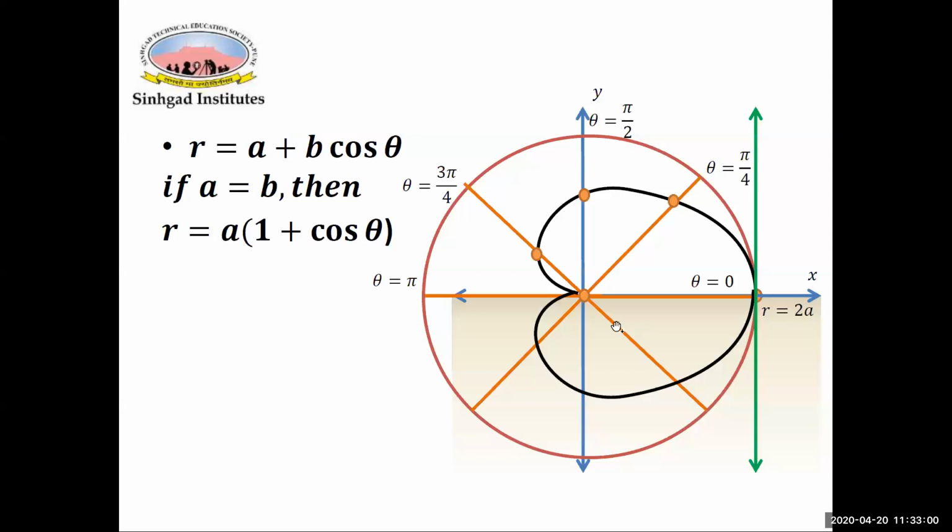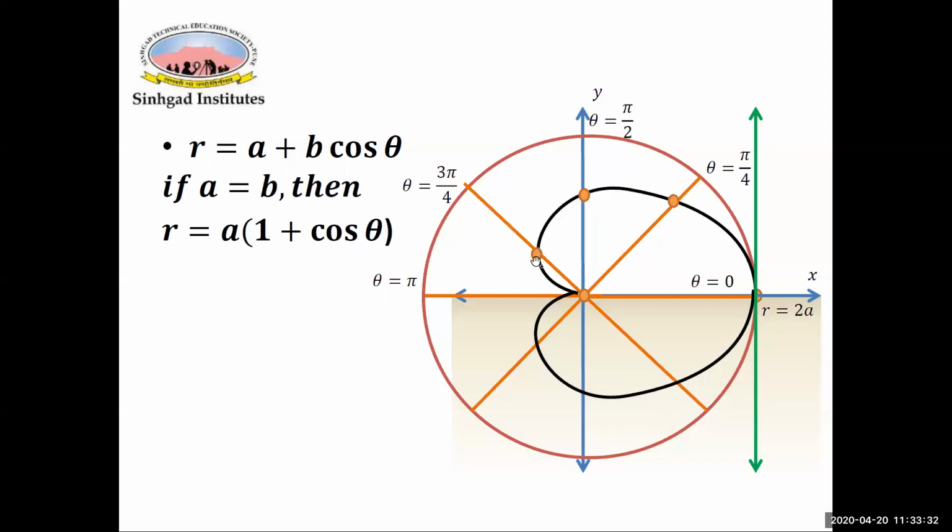See, the radius vector will move from theta equal to 0. Along this, the value of r is 2a. Then along this line at pi by 4, the value is a plus a by root 2. Then at pi by 2, the value is a, meaning it is decreasing from 2a to a. Again it is decreasing. At 3 pi by 4, it is a minus a by root 2.